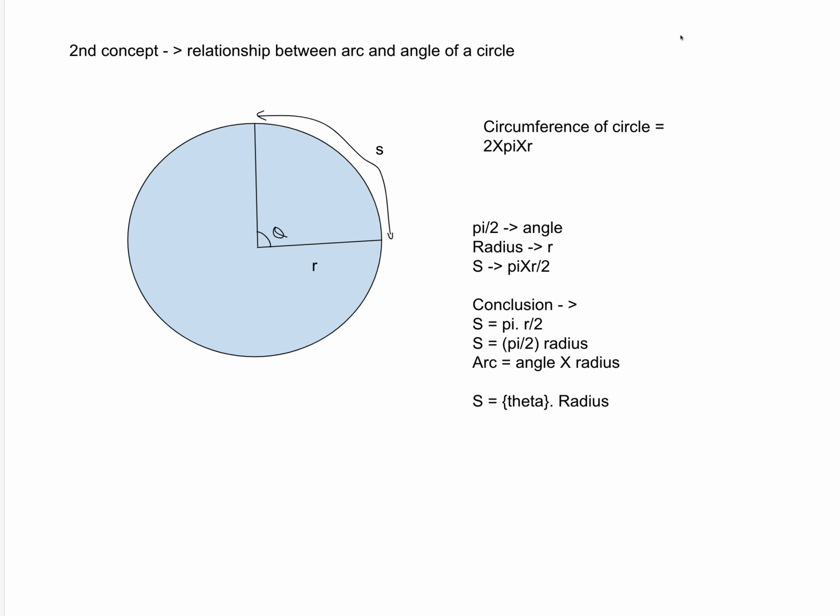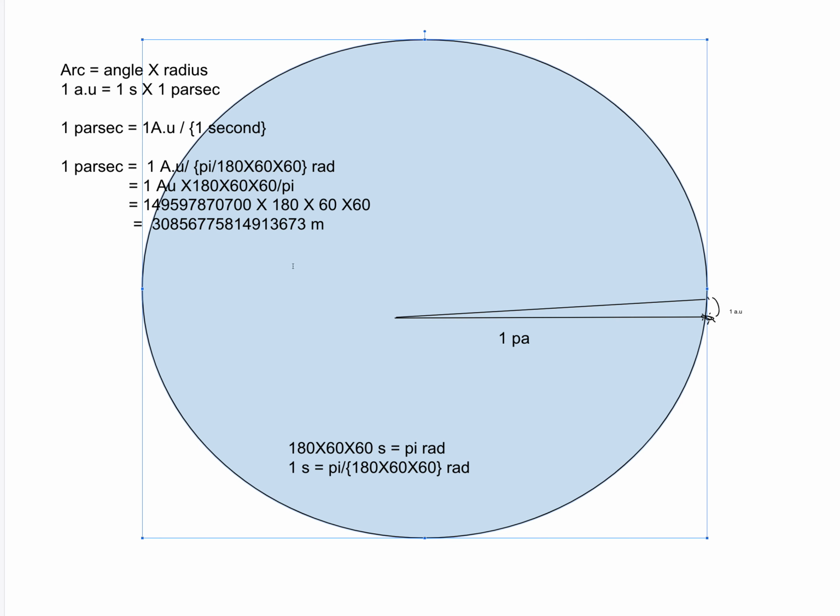And when these two things are clear, then you will be able to appreciate how they are calculating 1 parsec. So this is a parallax way of finding.